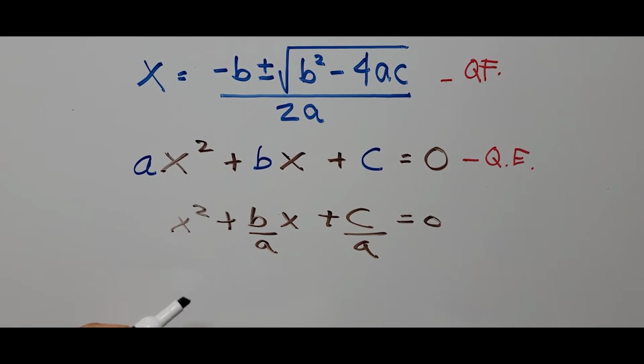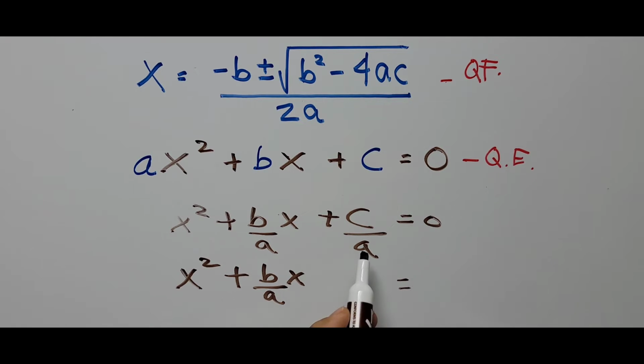The next one is x squared plus b over a x. Then we move this constant from the left to the right, so that becomes negative c over a. And here we have to find the third term, completing the square to make it a perfect square. Right?